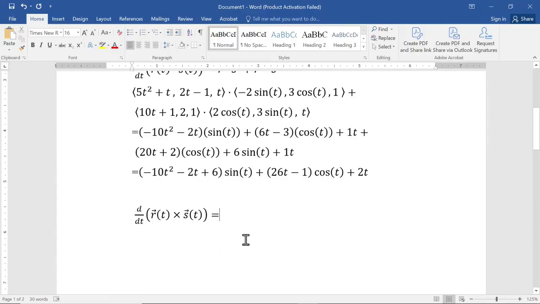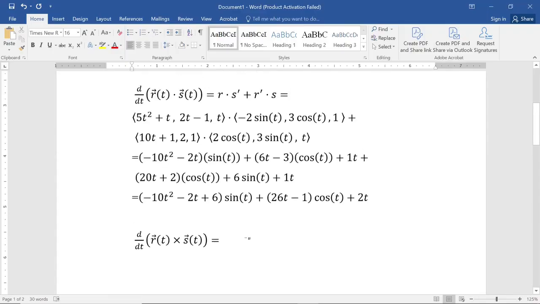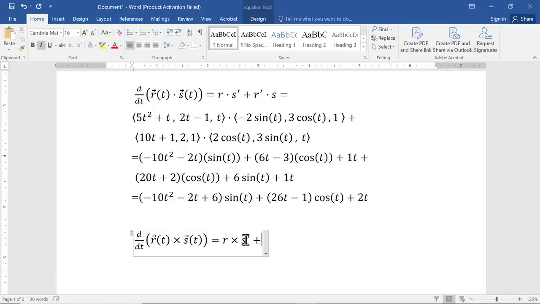Now, cross product works in a very, very similar way. We're going to end up taking R times S prime plus R prime times S, where the multiplication we're doing is a cross product multiplication.